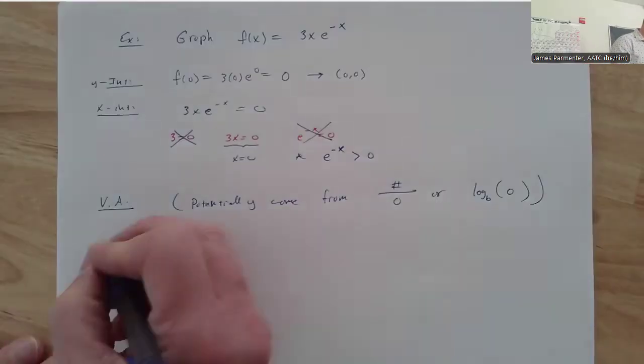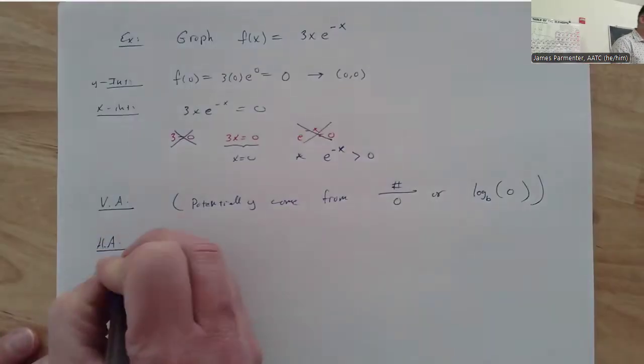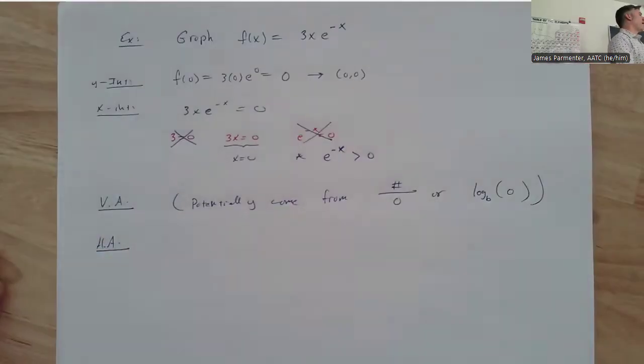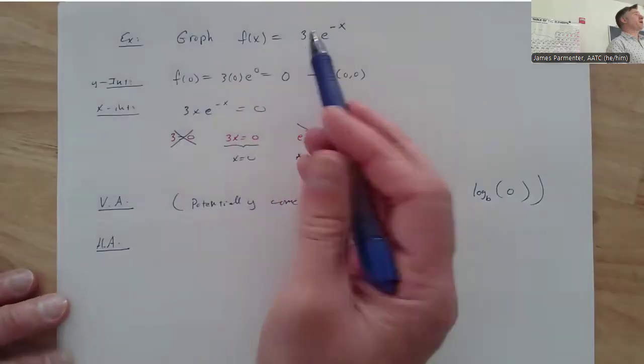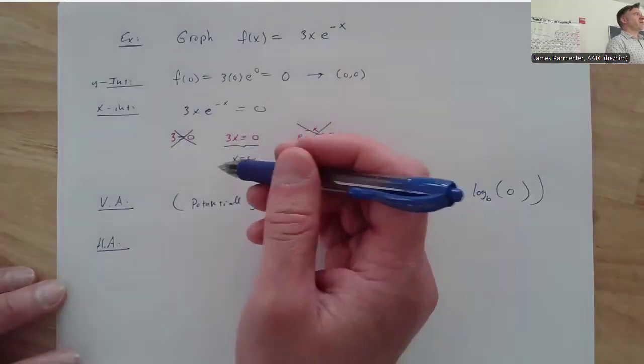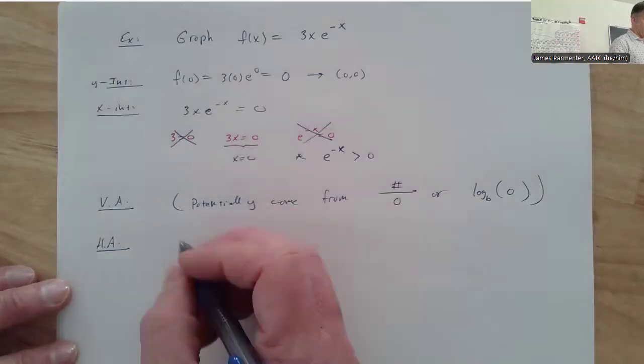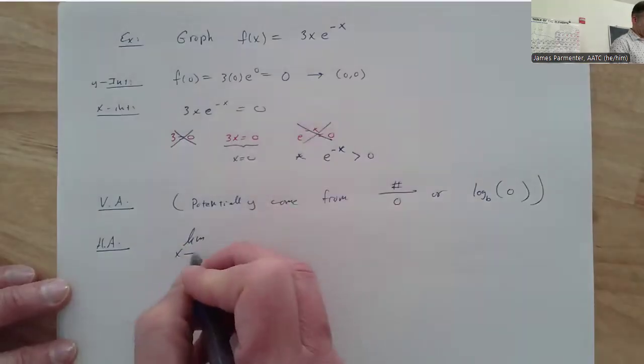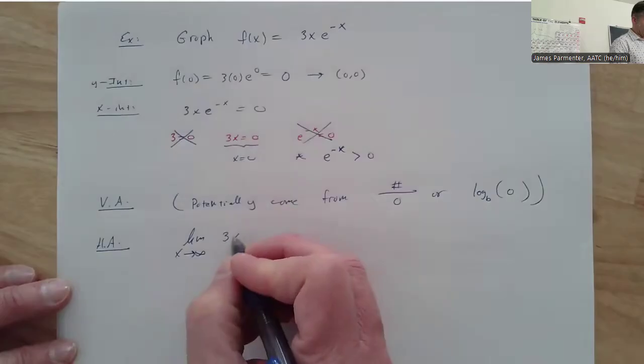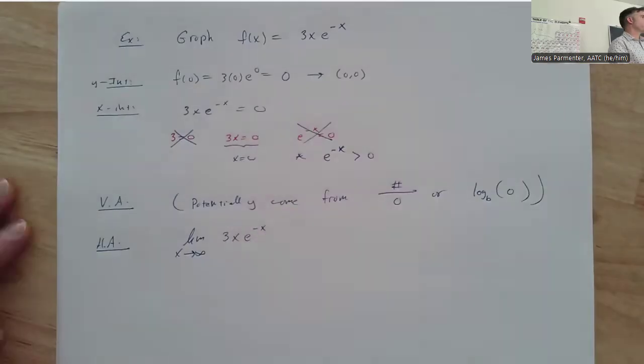Moving along. Horizontal asymptotes. This is the place where I do think your teacher might be right in that it's a good idea to wait until later because at this point, without L'Hopital's rule, we don't necessarily have a good way of evaluating the limit as x goes to infinity of 3 times x times e to the negative x.